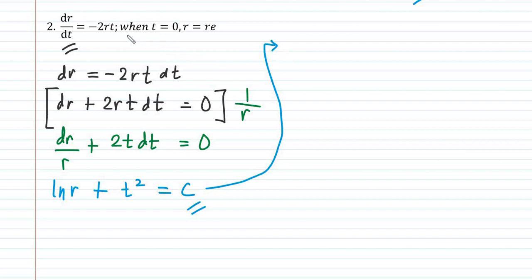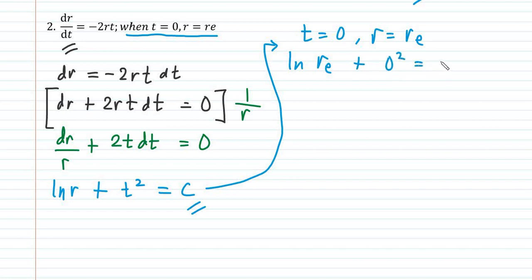So next step is to substitute this condition that when t is 0, r is equal to r sub e. So ln r sub e plus 0 squared is equal to c, or c is equal to ln of r sub e. So let's substitute that.